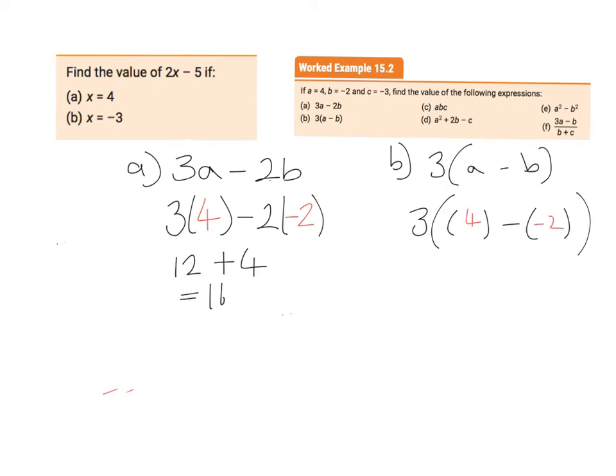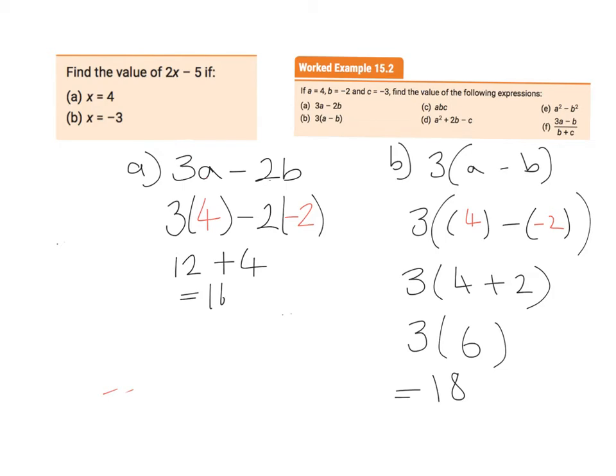So our order of operations, BIMDAS, I'm going to work on the brackets first. 4 minus -2 will end up being 4 plus 2. Still have to stay on the brackets and work out what's inside there. 6. Brackets mean multiplication. 3 times 6 is 18.